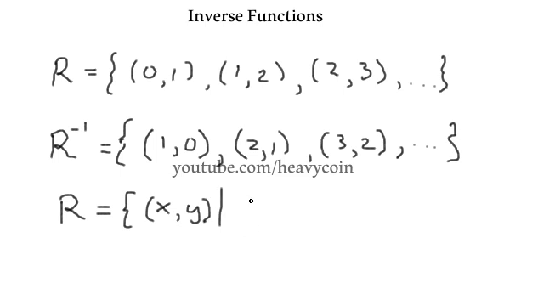In this particular case right here, we've got y is equal to x plus 1. So this piece here is really defining our relation. And then I'm saying that x is an element of N. Now remember what N is. N is the set of natural numbers. So we're just working with discrete points here.